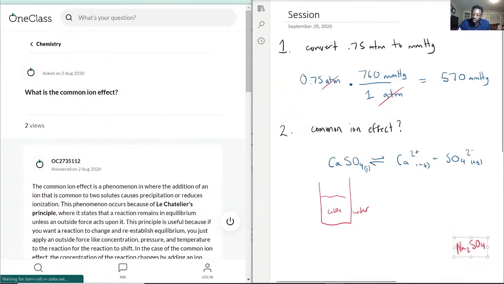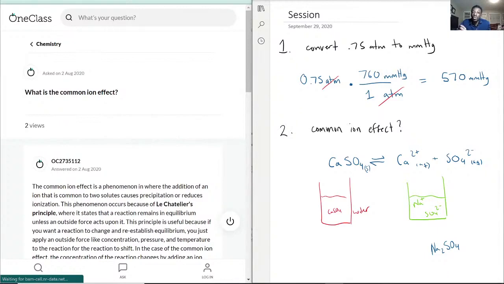Now in the situation where we have the sodium sulfate, we have the beaker, but there's already sodium and sulfate in it. The common ion effect states that when there are ions shared in the solution, there's less product formed.